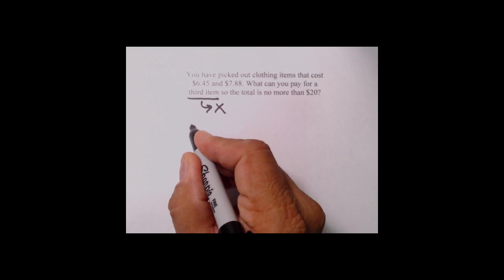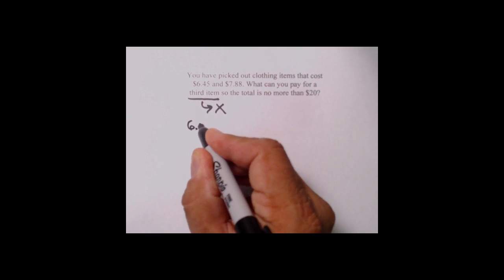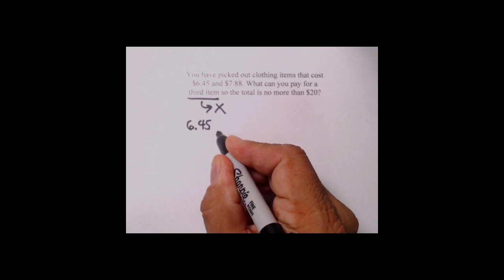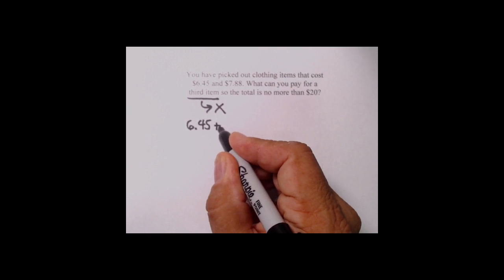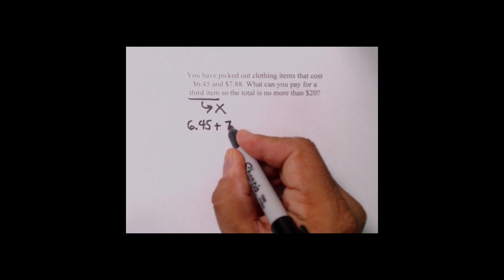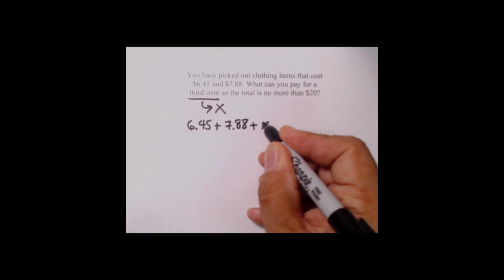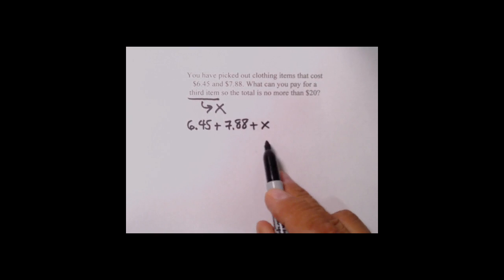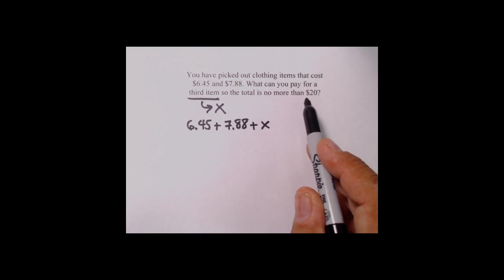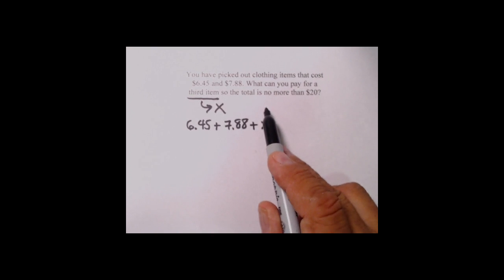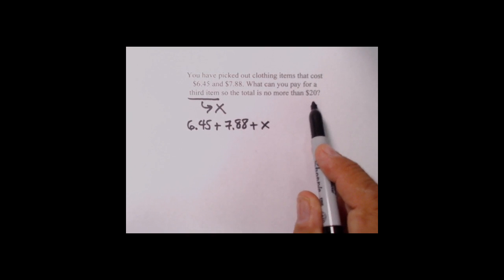What do we have so far? $6.45 plus $7.88, and then plus the X. This would be the three things we buy, and you can pay so that the total is no more than $20.